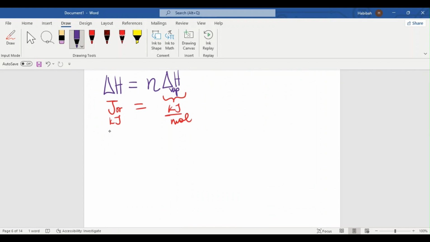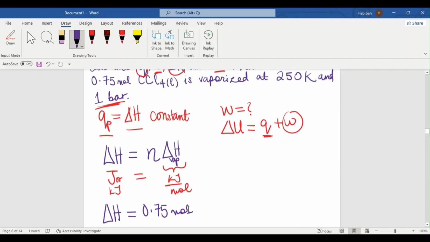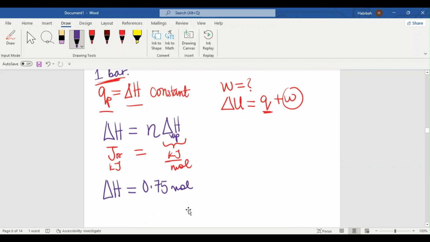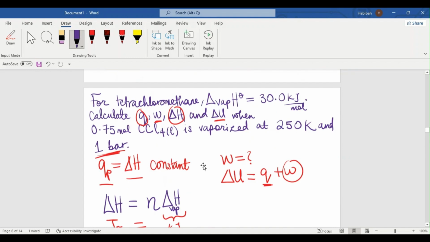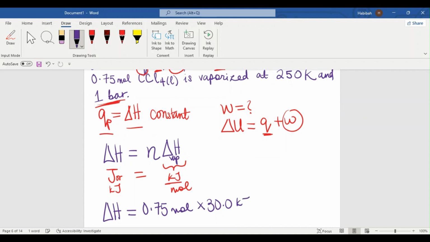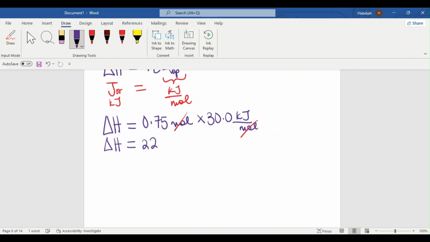So writing that out, the change in enthalpy, which we're supposed to solve, is just the number of moles, which we've been told is 0.75 moles, times the change in enthalpy of vaporization, so times 30.0 kilojoule per mole. Of course you cancel out the mole, so that would be 22.5 kilojoule.